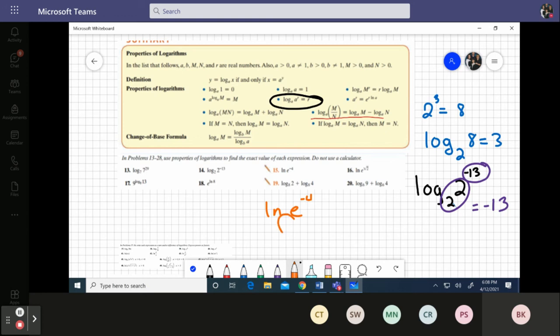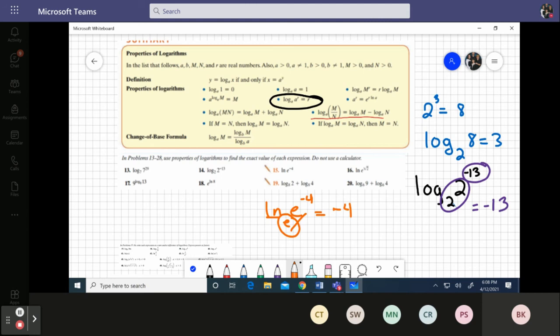Well, remember when it's not down there, the natural log does have a base e. So you have the same thing, and that ends up equal to a negative 4.